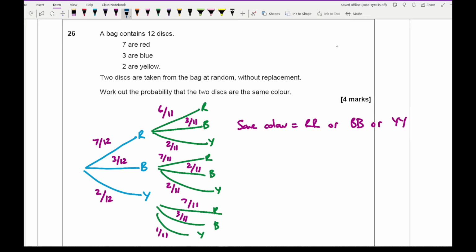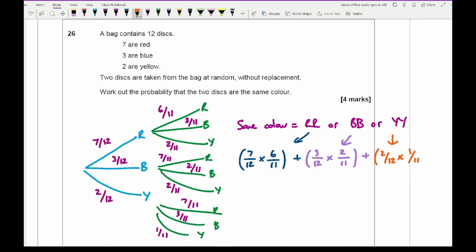Now remember, or means plus, so red and red, I multiply the fractions, so that's 7 over 12 multiplied by 6 over 11, plus blue, blue, which is 3 over 12 multiplied by 2 over 11, plus yellow, yellow, which is 2 over 12 times 1 over 11.